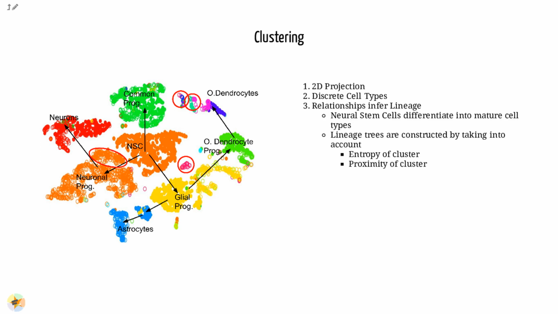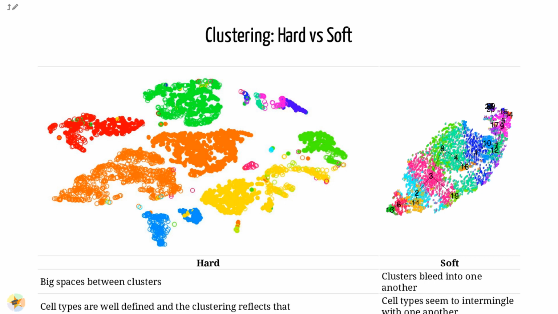The types of clustering you are likely to encounter in an analysis is dependent on the input datasets, where cells taken from late-stage samples are less likely to be bunched together and are more likely to yield large visible gaps known as hard clusters that clearly define different types. Earlier-stage datasets are more likely to yield softer clusters, where neighboring clusters share soft boundaries as clusters intermingle slightly with one another.